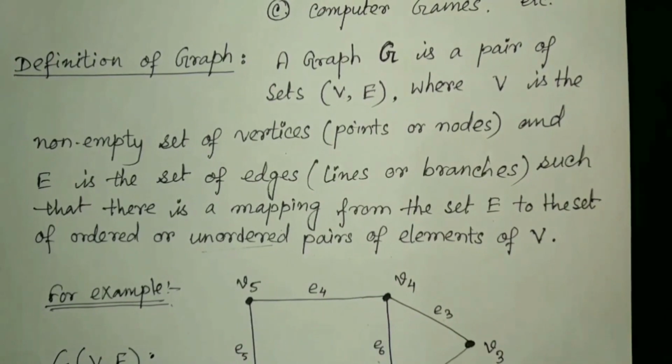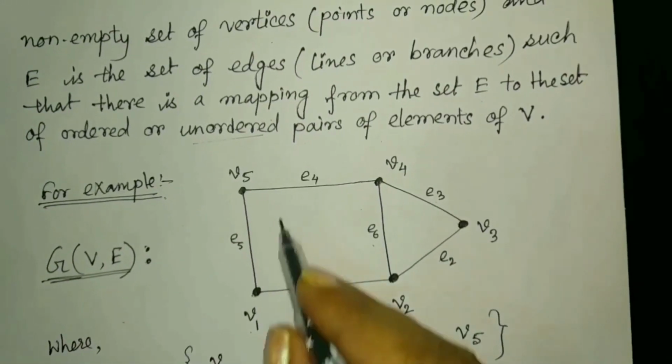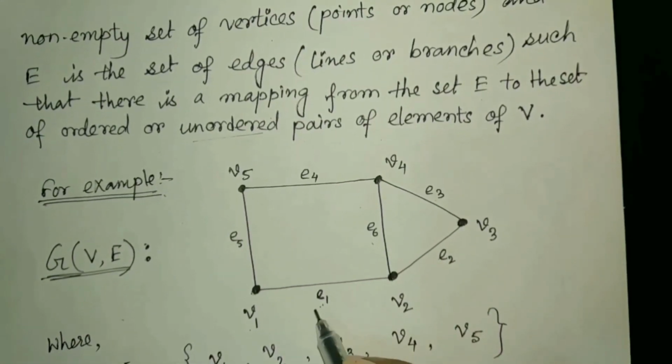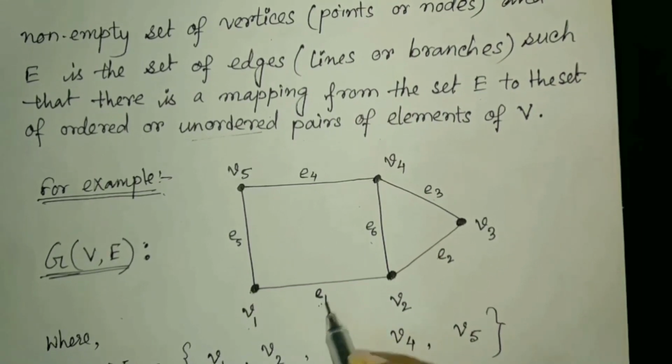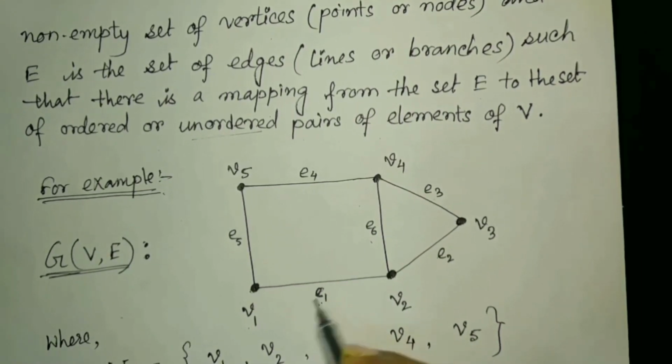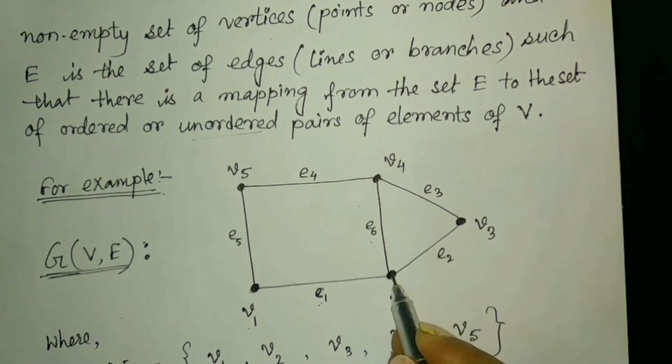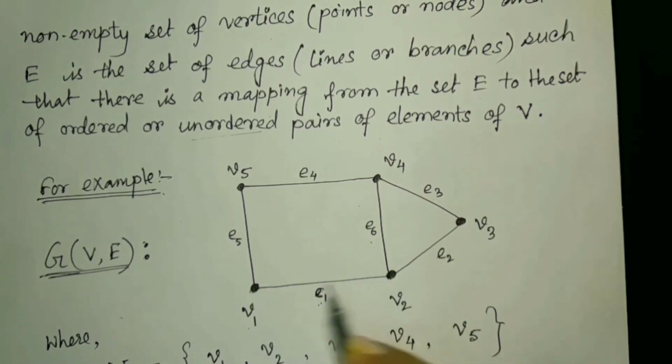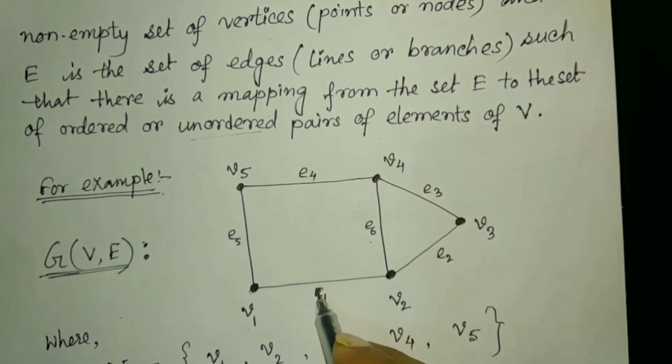Unordered means in this graph the edges are drawn but they have no particular direction. Any edge is connected with two vertices, so we can say these two are the end points of the edge.